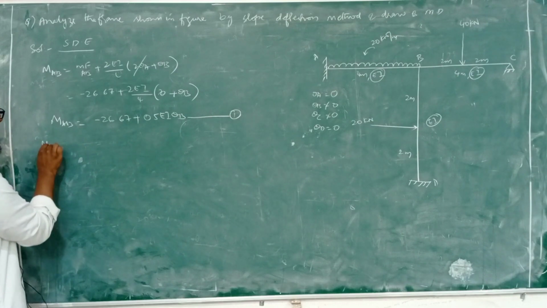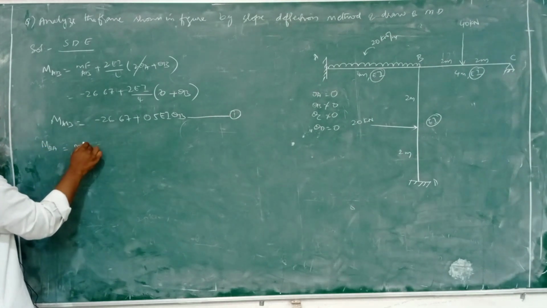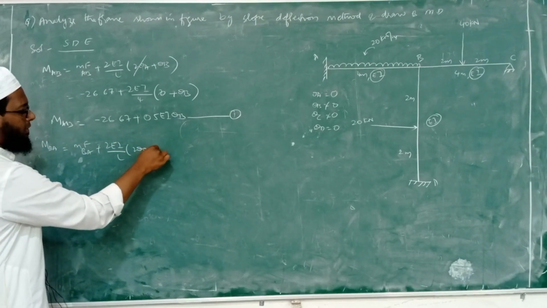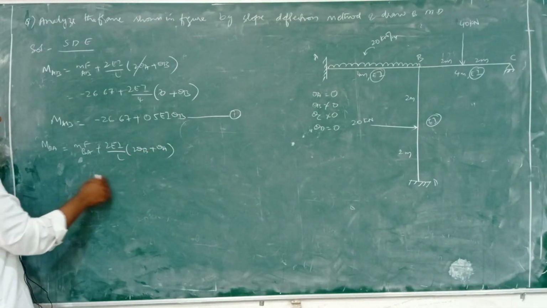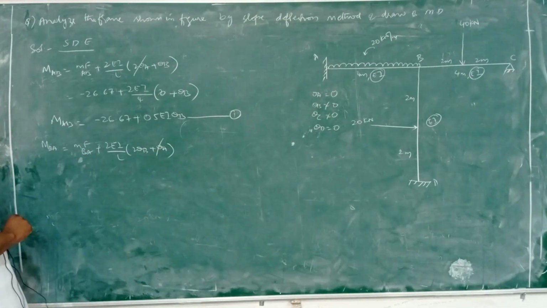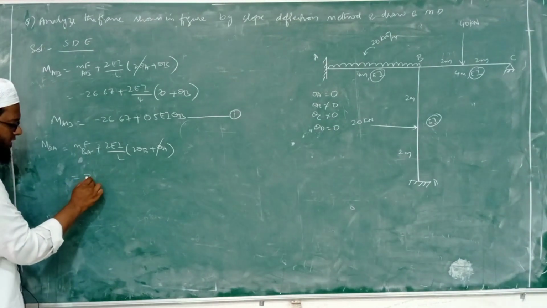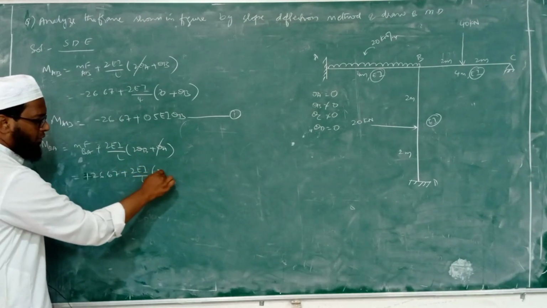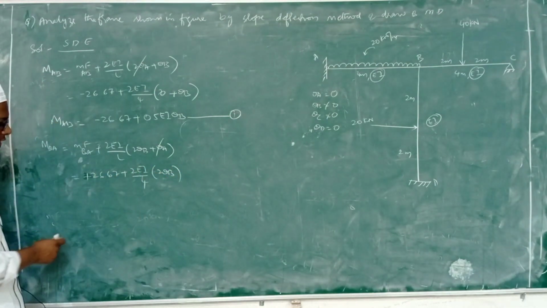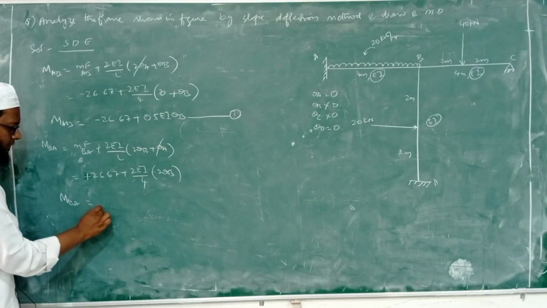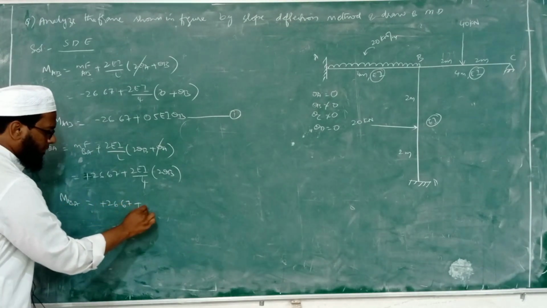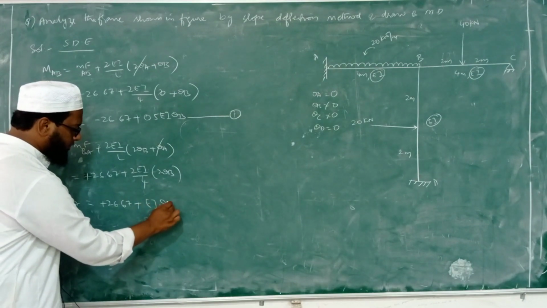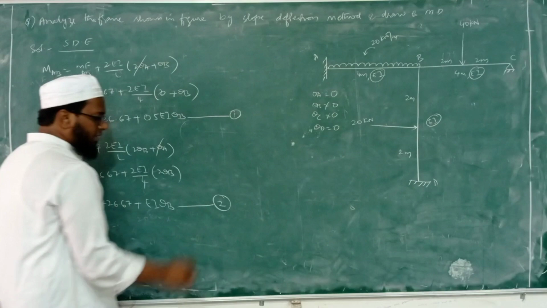Next, MBA is MFBA plus 2EI by L into 2 theta B plus theta A. Theta A is 0, and MFBA is plus 26.67, so plus 26.67 plus 2EI by 4 into 2 theta B. 2 2s are 4, 4 by 4 is 1, so MBA is 26.67 plus EI theta B. We name this equation number 2.